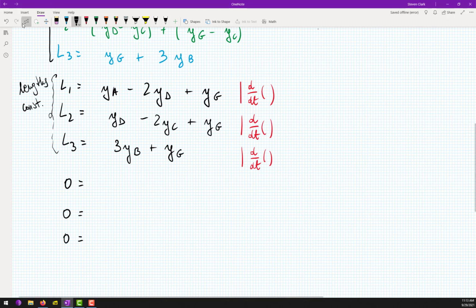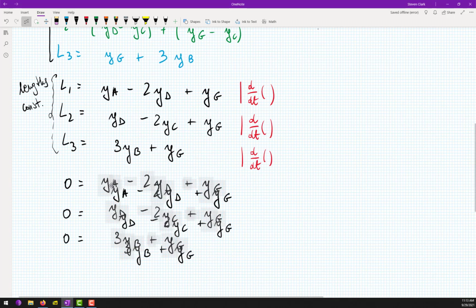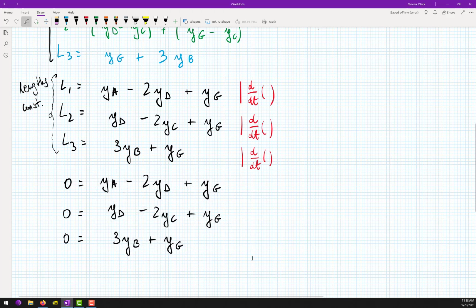I can copy paste these expressions, and I can put a dot above each of the things. Or I can replace y dot with v basically.